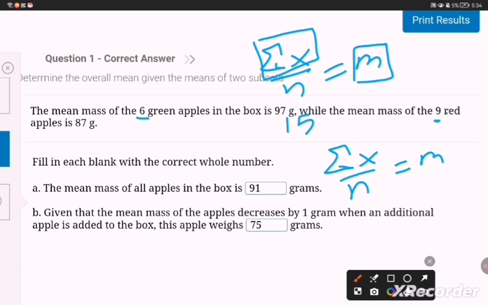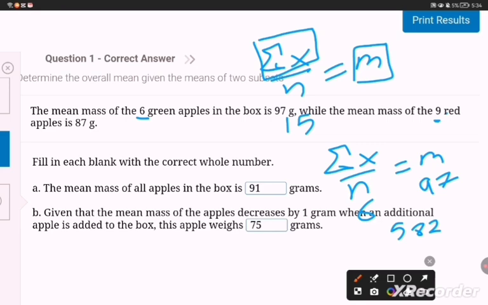So they gave us the mean of, let's start with the green apples. They gave us the mean of the green apples is 97. So here just put 97, and we know there are 6 green apples. So to find the summation of x, just do 6 times 97, and you're going to get an answer of 582. So that's your summation of x for the green apples.